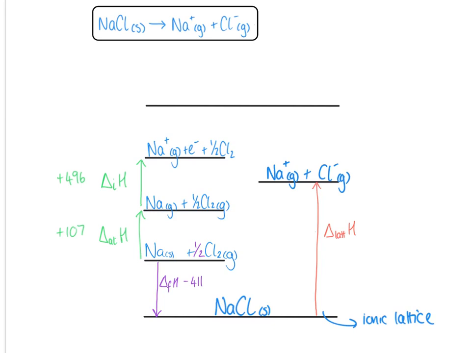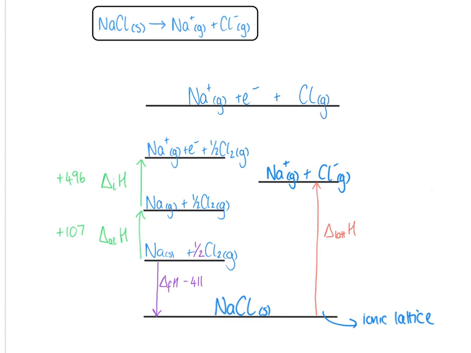So again, that is called the enthalpy of atomization. We're forming 1 mole of gaseous atoms. So now we will write Na plus and our electron, we haven't changed that. So instead of having half a Cl2, we're just going to have Cl. I'm sorry, I should have my gas state symbol there.